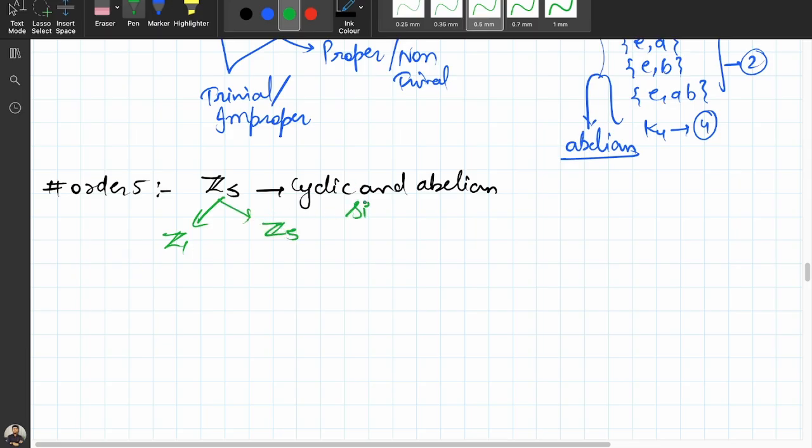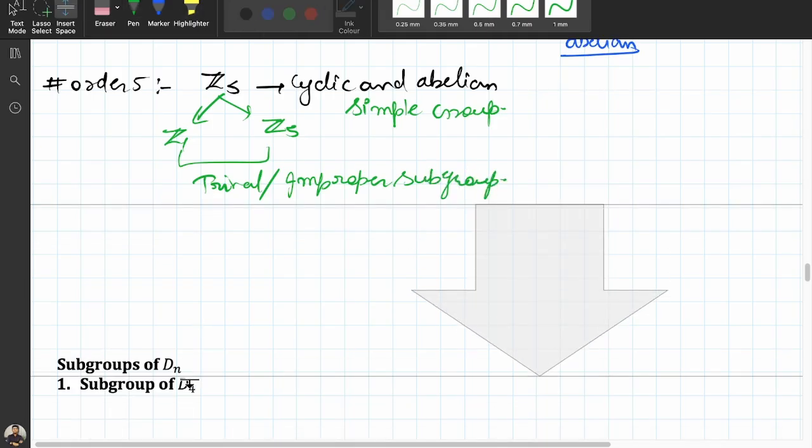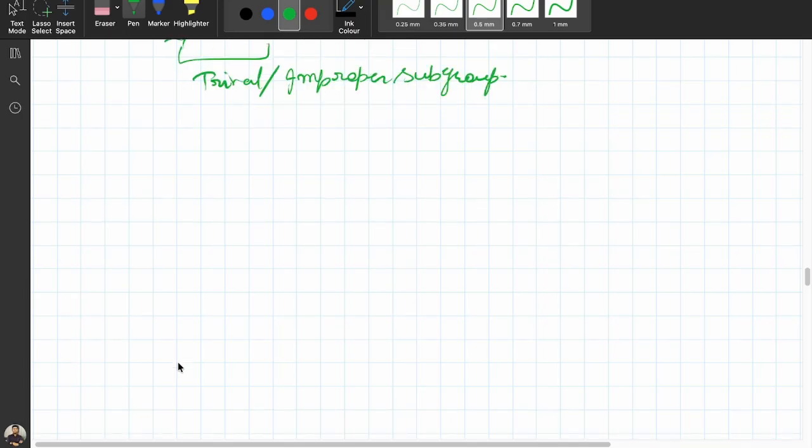And this is also a simple group. If it is a simple group, it means both are trivial, or simply improper subgroups.